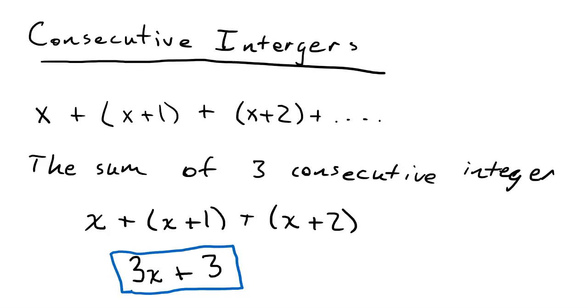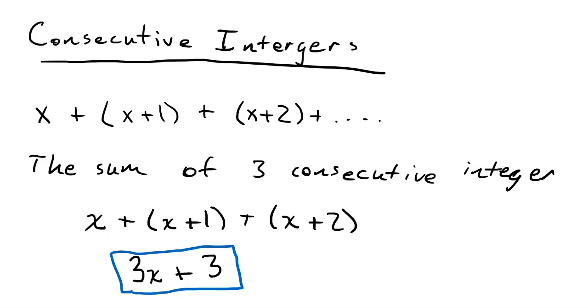So if we wanted to ask what the sum of 1 plus 2 plus 3 was, we could use this, right? 1 plus 2 plus 3 is 6. 3 times 1 is 3, plus 3 is 6. So it works out for the first 3 integers. And it turns out no matter which 3 consecutive integers you try to add, you will always get 3x plus 3.